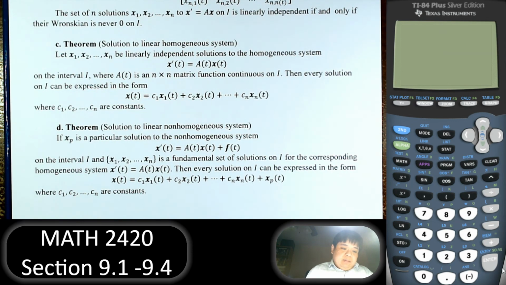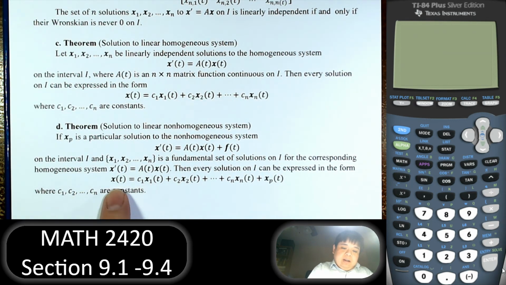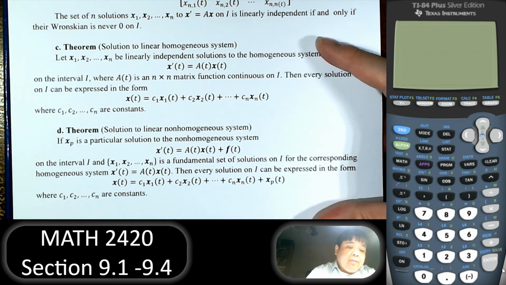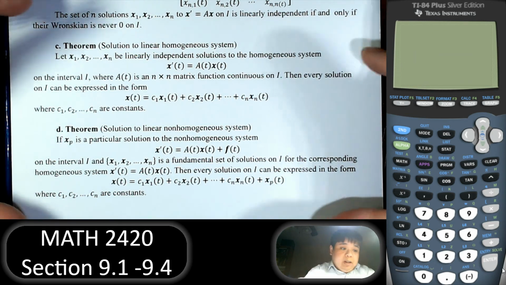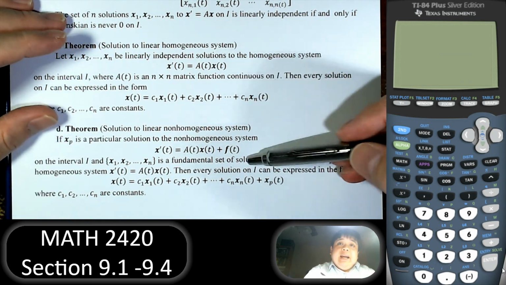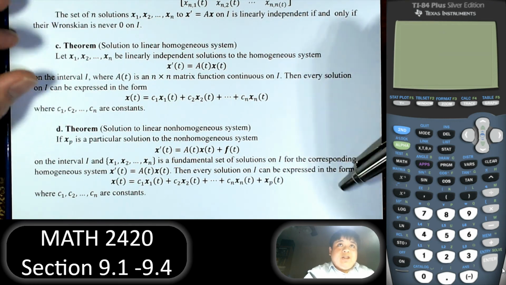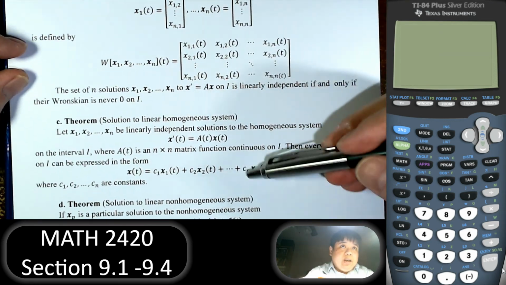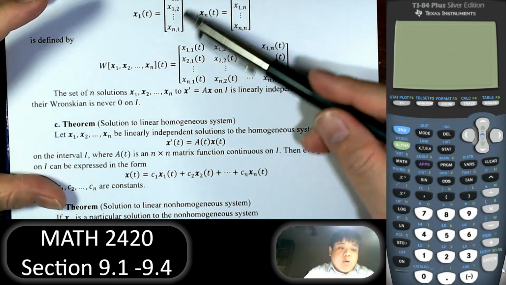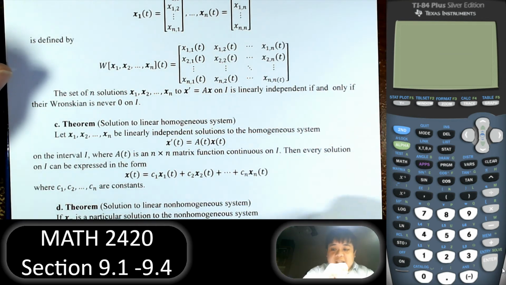And then of course, if we have a particular solution, we add it to this. So pretty much what we have here is exactly the same as before, except in vector form. That is all. Like I said, when we go back to this in section 9.7, I think, we'll revisit this. But the Wronskian not equal to 0 means linearly independent.